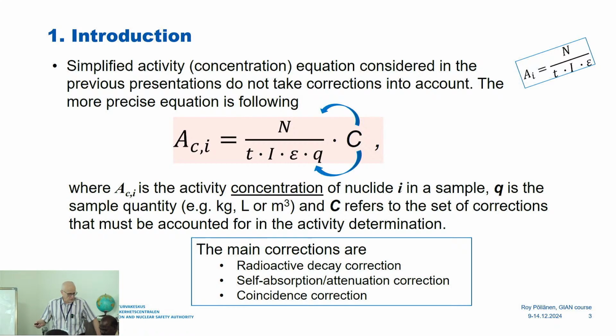So, the simplified equations that I showed you in previous lectures, they didn't take into account corrections. So, a more precise equation is the following, and these corrections may be applied here and here.